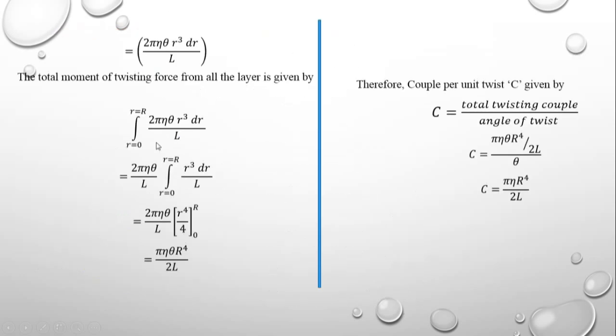Hence we have to integrate from r equals 0 to r equals R. That means the total radius is capital R, because each and every layer experiences the twisting force. Integration of 2 pi eta theta r cube dr by L. These are all constants.